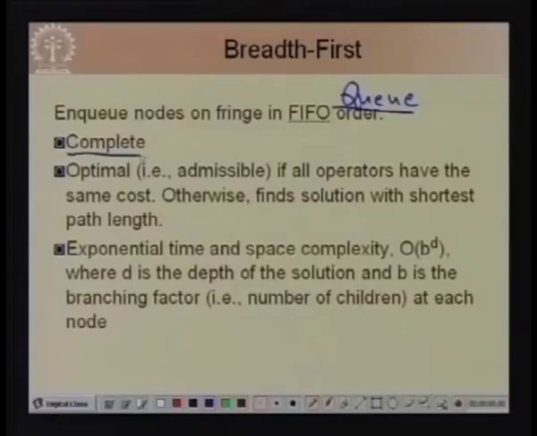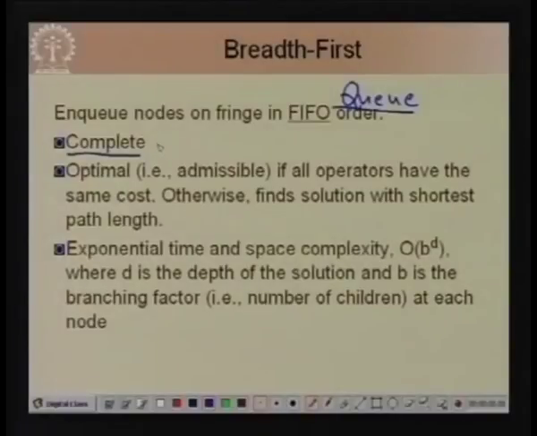Firstly, breadth first search is complete, that is, if a solution exists, breadth first search, which systematically expands 0 level nodes first, then all 1 level nodes, then all 2 level nodes, all 3 level nodes, will eventually expand all D level nodes, and it will come to the goal node which is at level D. So, breadth first search is a complete search algorithm.